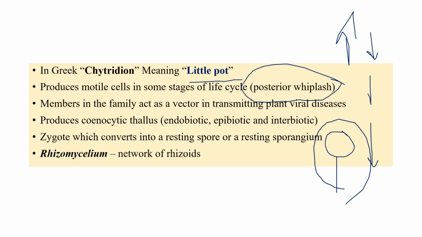Anyway, the second character is the production of motile stages, or uniflagellate posterior zoospores.